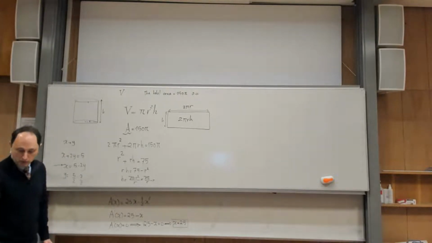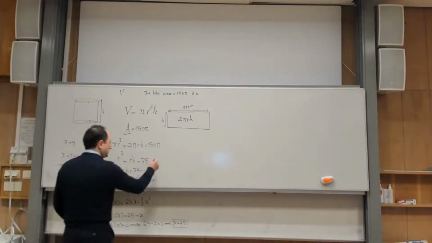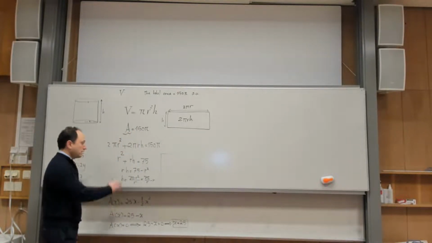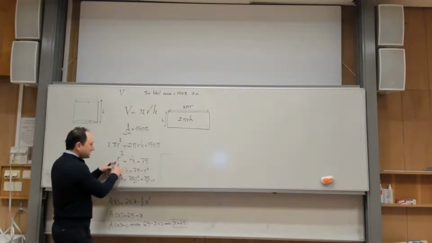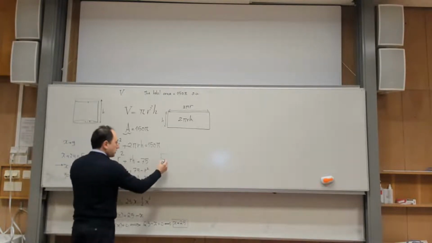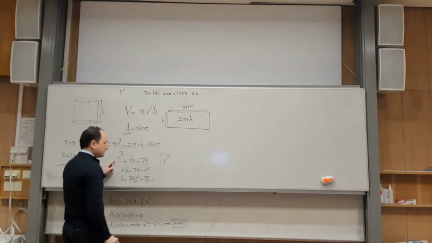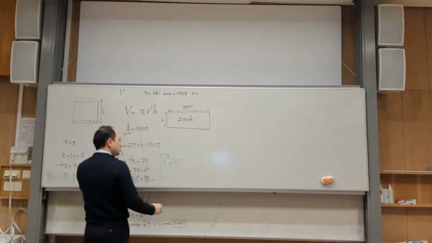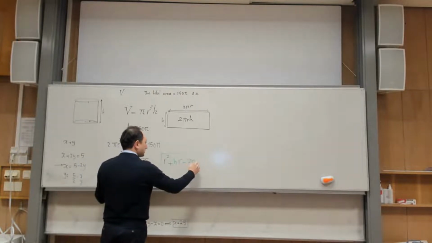But assume that, let me change my color, assume that you want to do the other way around. What do I have to do? This is a quadratic equation in terms of r. So it means that you need to write it in this way in your head: r squared plus h times r, and then you move 75 to the other side, equals 0.